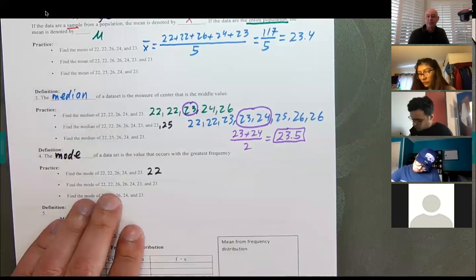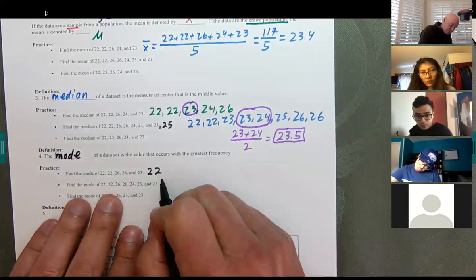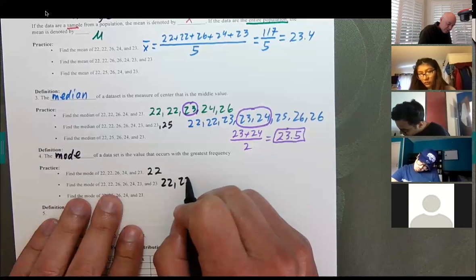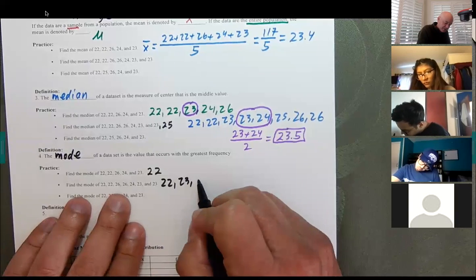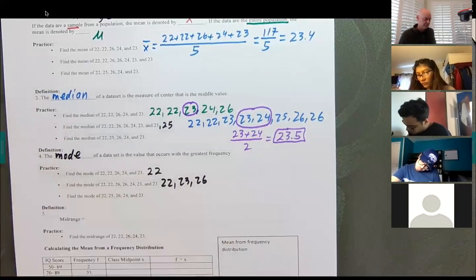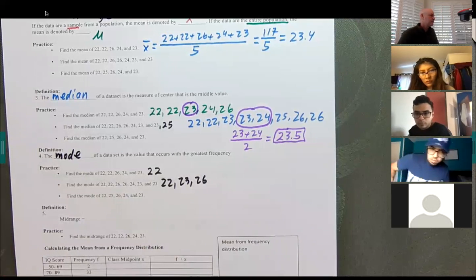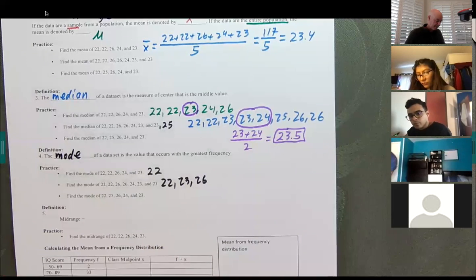In this case, there are several modes: 22, 23, and 26. We would call this trimodal. If there are two, we would call it bimodal, right? Bi means two.